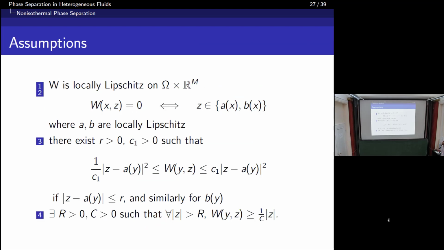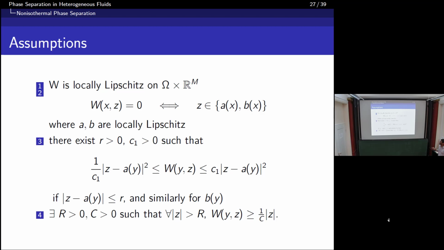Precisely, the assumptions are that we assume W is locally Lipschitz in the product space. This is a bit weird because usually you want to assume maybe only measurability in the X variable, but because of these geodesic problems that always come up, we don't quite know how to deal with the full measurable conditions on X here.